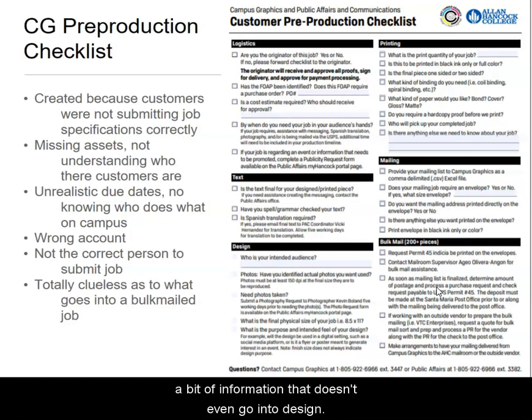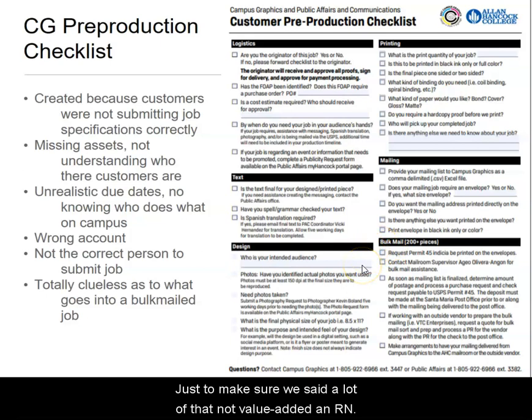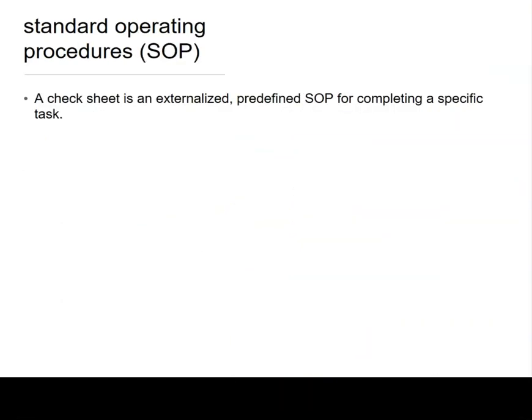Quite a bit of information that doesn't even go into design, and steps that have to occur. So these are all linear steps that they would fulfill before they submitted the job to us. And for our really problematic customers, we would actually have them turn this in to us before proceeding to the job, just to make sure we saved a lot of the non-value added on our end.